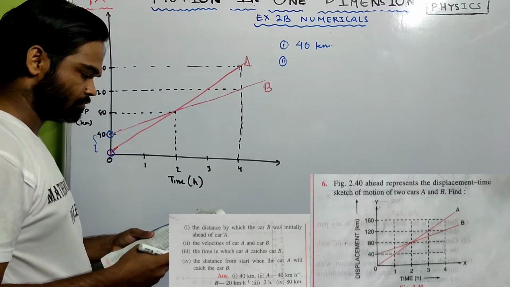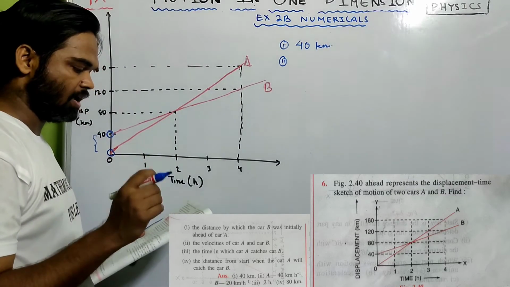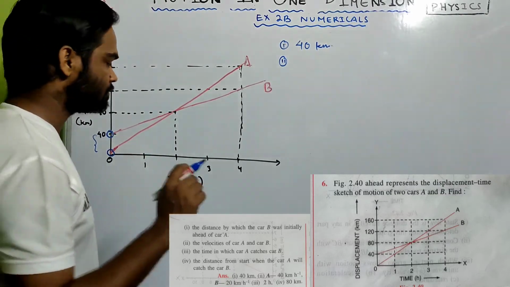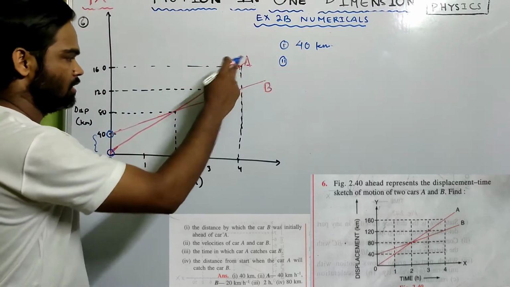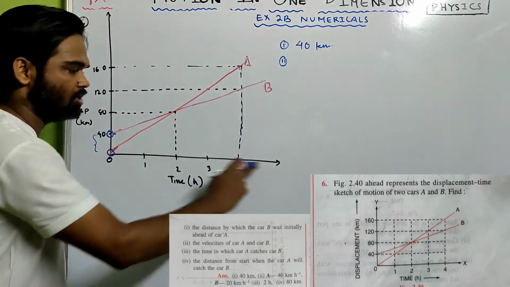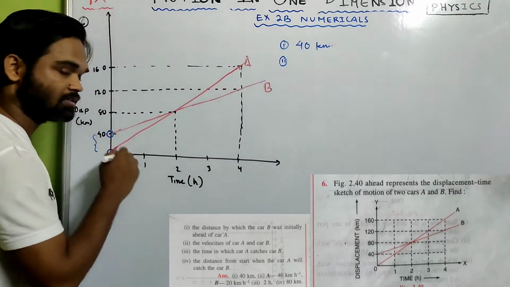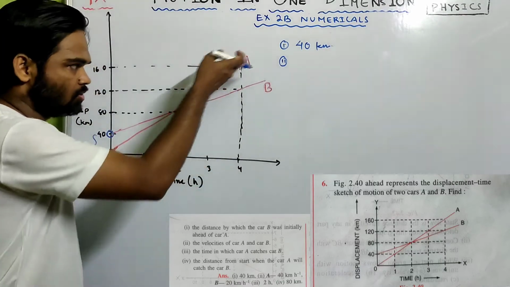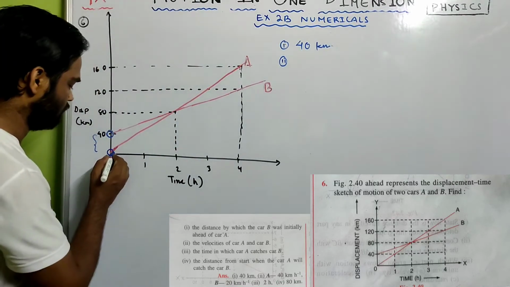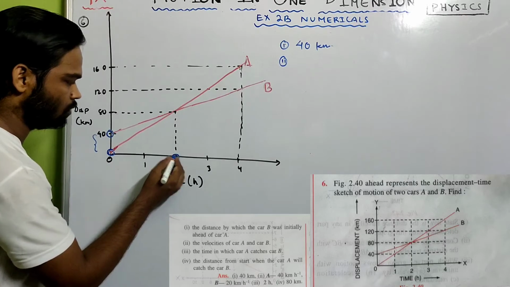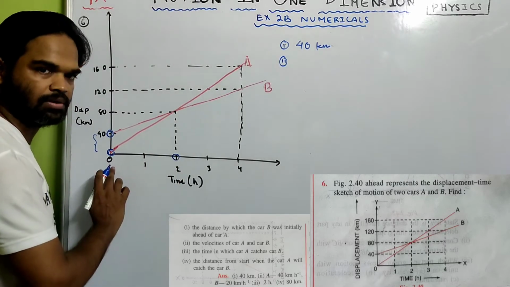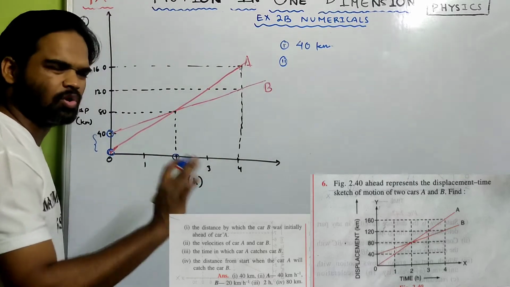Now number 2. The velocity of car A and car B. For car A, see, it's a straight line inclined to the time axis at a certain angle. So it is uniform velocity. So I'm taking 2 intervals. Suppose 0 and 2. You can take 0 and 4 also, your wish.